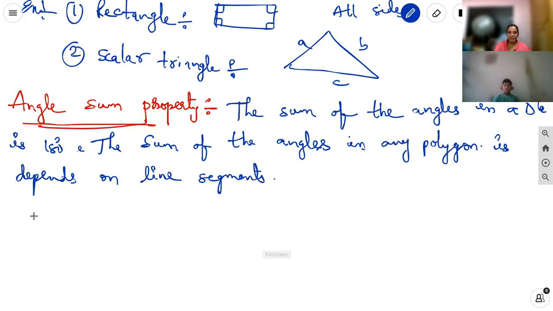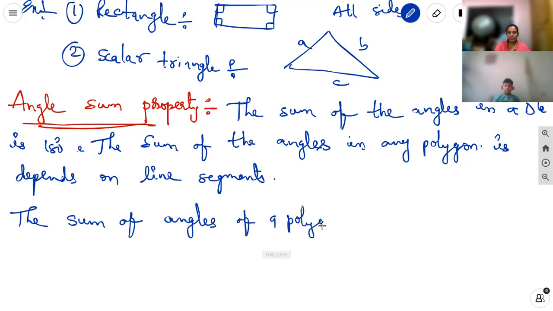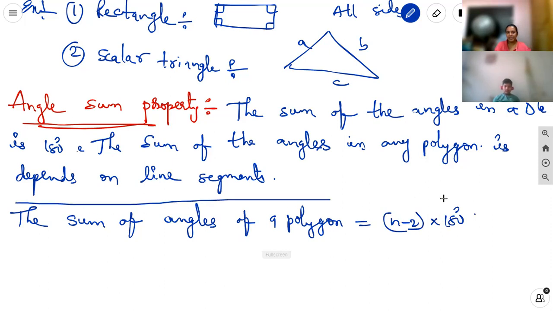Here, the sum of angles of a polygon is equal to n minus 2 into 180 degrees. That is the relation.